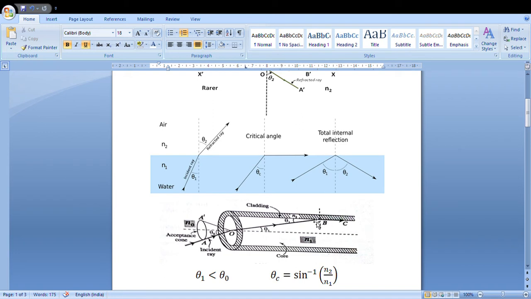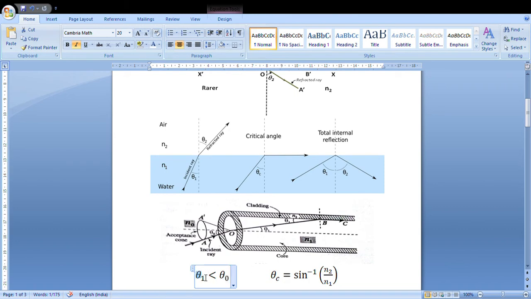Even more than the grazing, the whole light gets back into the medium, thereby traveling in this optical path. So for this to happen, the angle of refraction at this point, theta 1, should be less than theta naught, which is your angle of acceptance or angle of incidence at the tip of your optical fiber. Once again, I'll repeat.